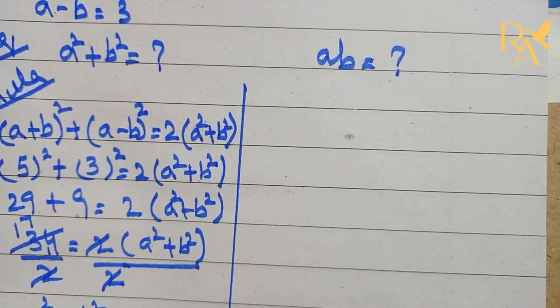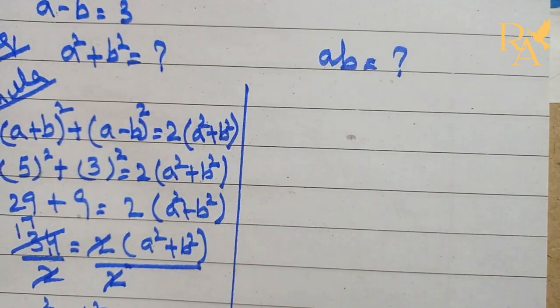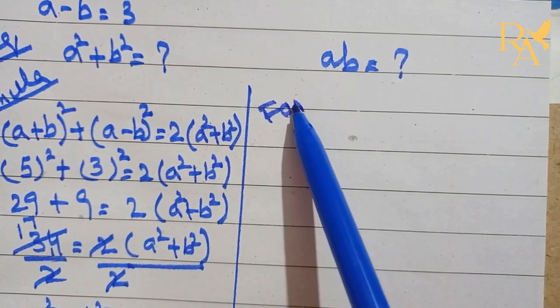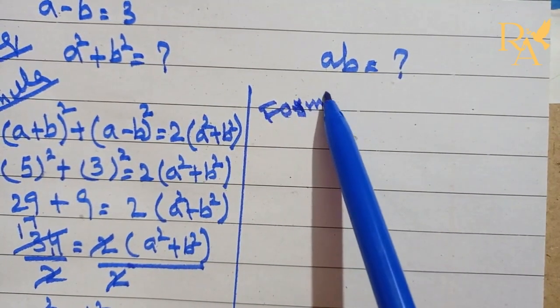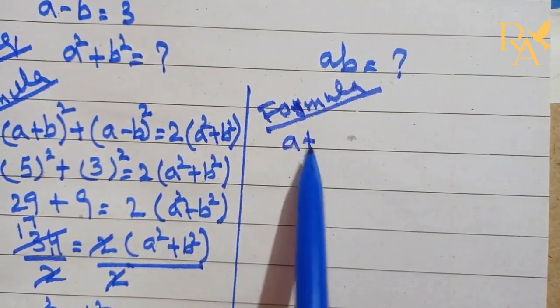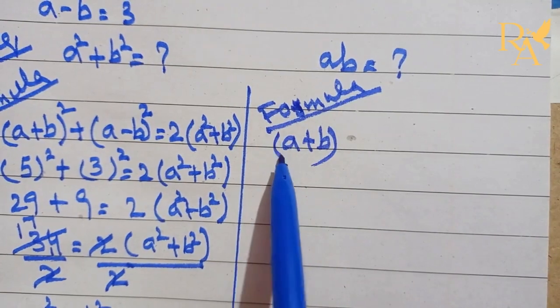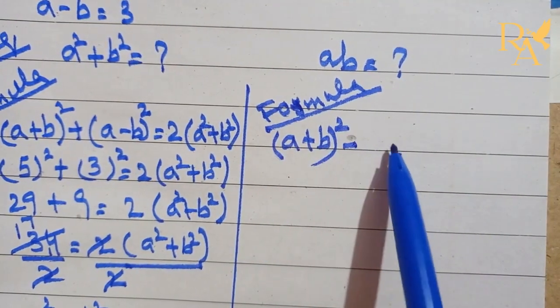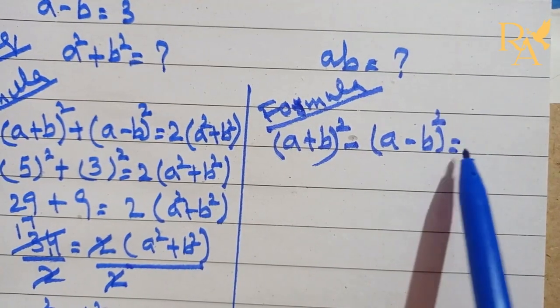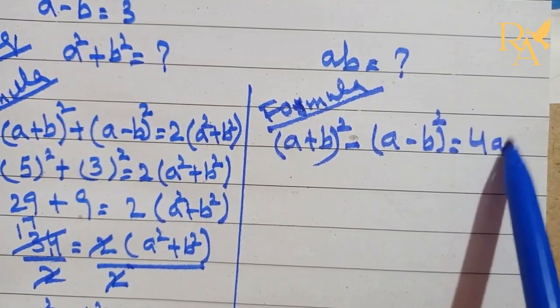Now for solving AB, we are using the formula (A plus B) whole square minus (A minus B) whole square is equal to 4AB.